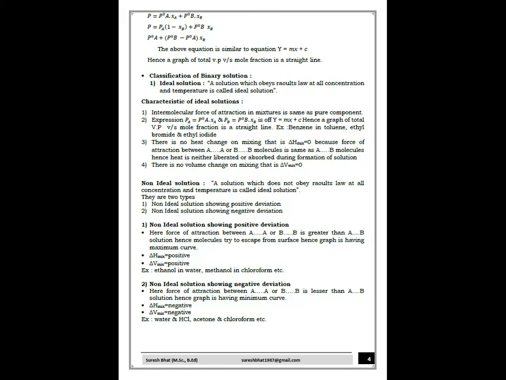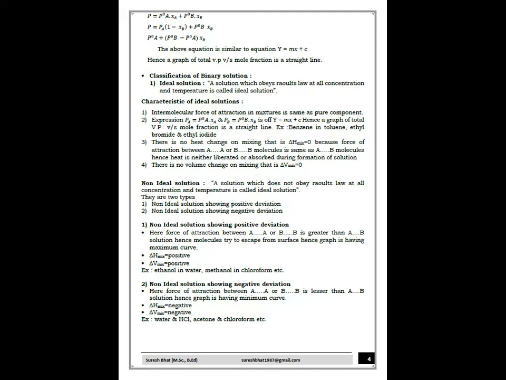Before we go for the next concept, we are going to classify the binary solution. A binary solution has a solute and solvent together. Binary solutions can be classified into two main classes called ideal solutions and non-ideal solutions.